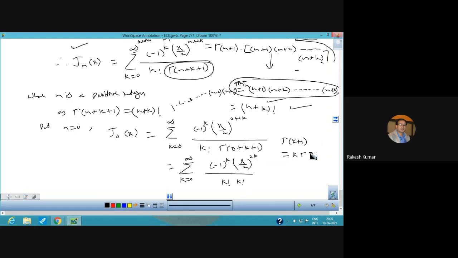So k gamma k can be there. So further you can expand this k. You will have k minus 1, k minus 2, and expanding, in the last it will come to 3, 2, 1. So that comes out to be k factorial.